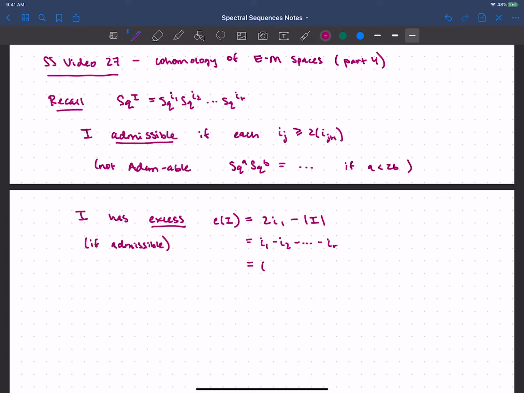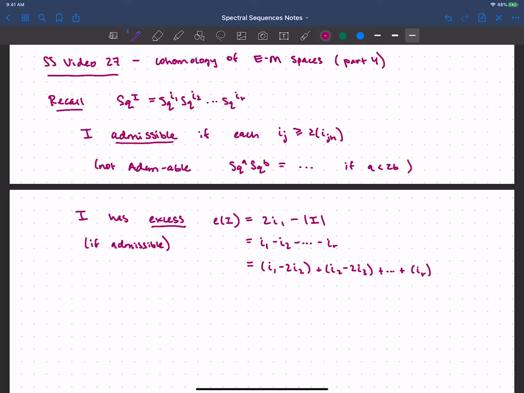Or I think we wrote before that this is I1 minus 2I2 plus I2 minus 2I3 plus and so on, and then the last one sort of ends up stuck on its own. There's no minus 2IR plus 1 since our sequence terminated. But this last version really tells you that yes, we are measuring how far away from Adem-able this thing is.